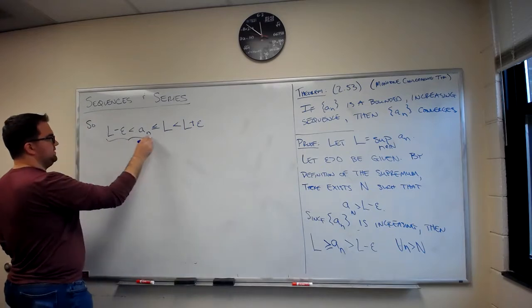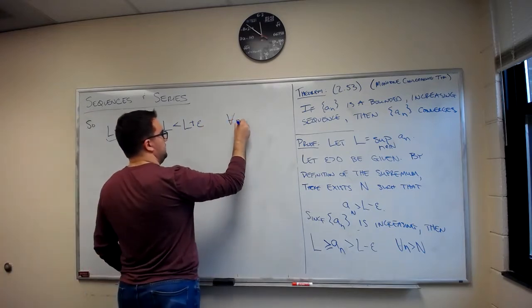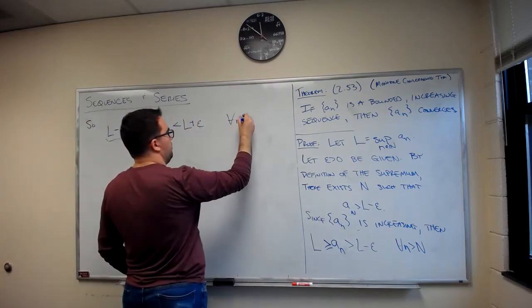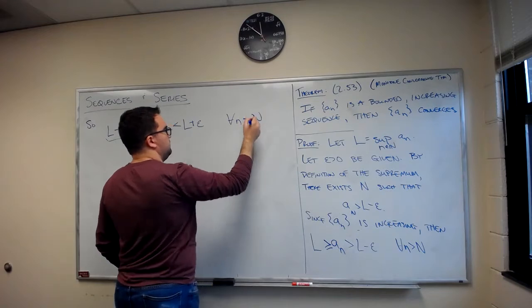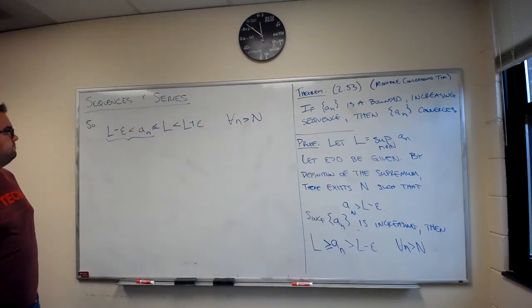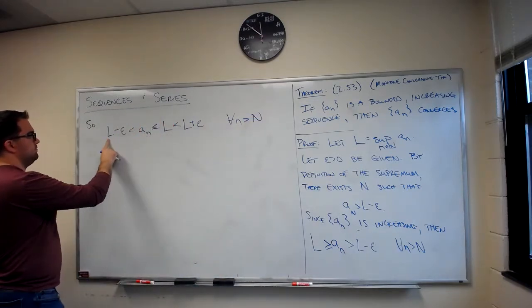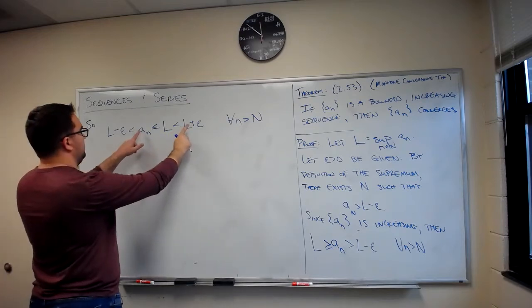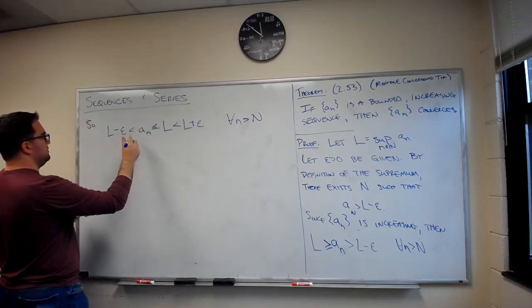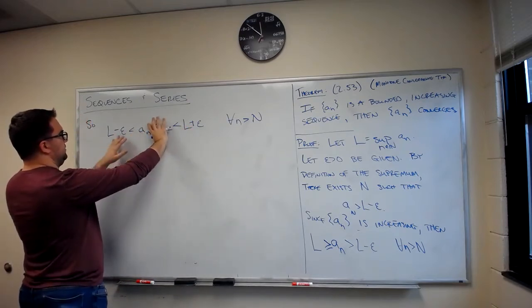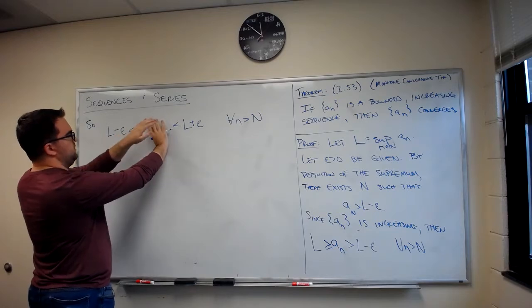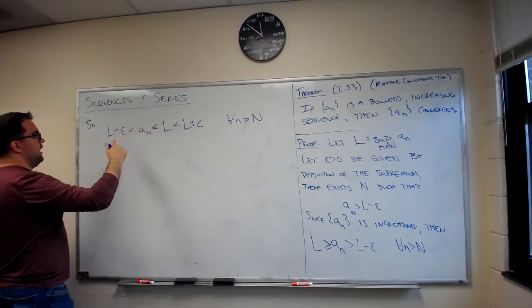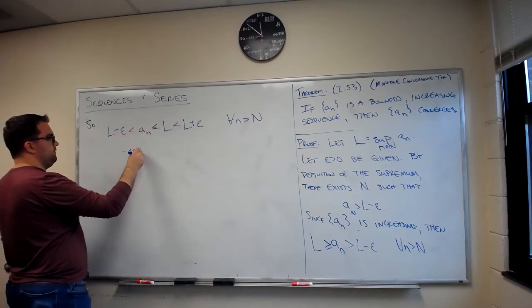And now this piece only holds, and hence this whole line only holds, for all n greater than that capital N. And so now if I sort of ignore this L piece here, I have L minus epsilon is less than a sub n is less than L plus epsilon. I can subtract an L everywhere.